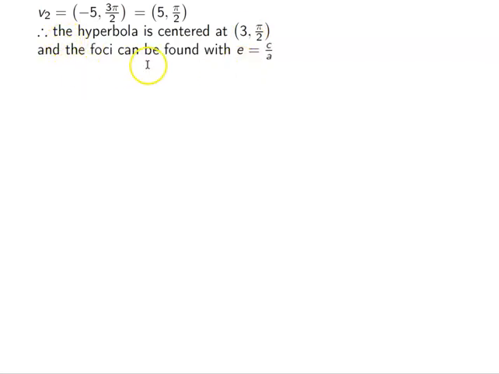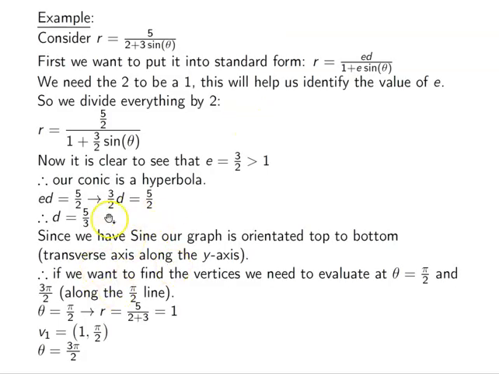The foci can be found with this, e equals c over a. I know what e is, and I know what a is. I know the distance to the end of the center, right? The major axis goes from 1 to 5, so it has a length of 4. So half of that is 2. So I know my e up here was 3 halves.